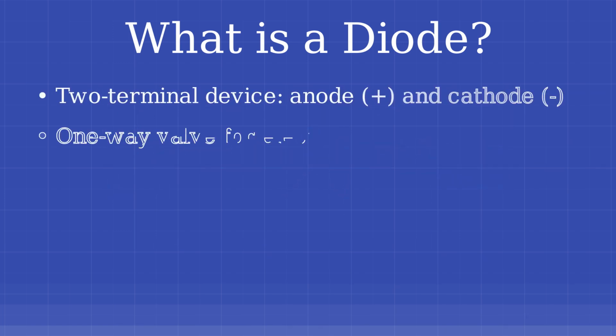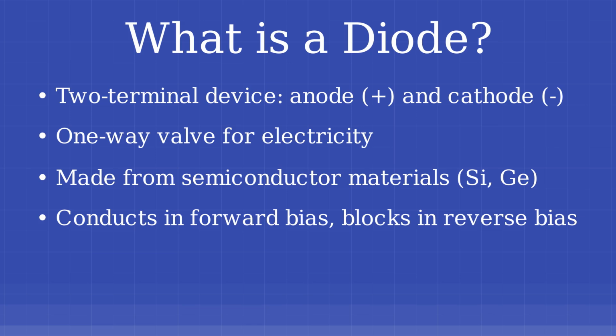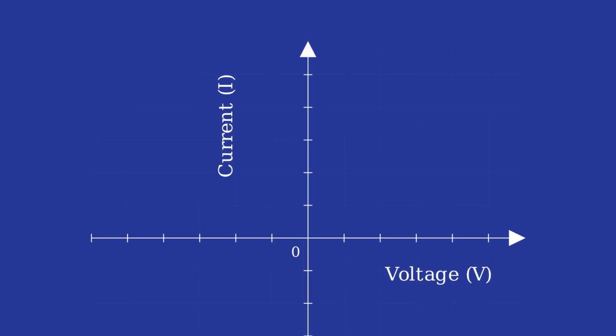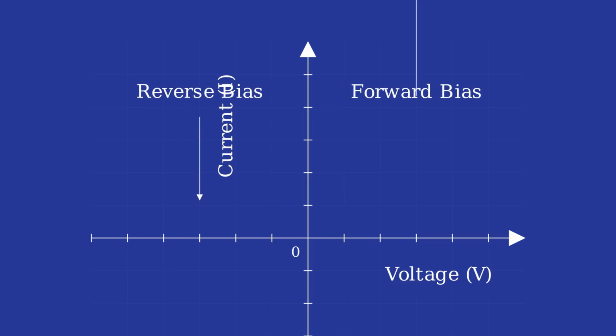To summarize, a diode is a two-terminal semiconductor device with an anode and a cathode that acts like a one-way valve for electricity. It's typically made from silicon or germanium and conducts current in the forward direction while blocking it in the reverse direction. The current-voltage characteristics of a diode demonstrate its nonlinear behavior. We can divide the IV curve into two regions, reverse bias and forward bias.